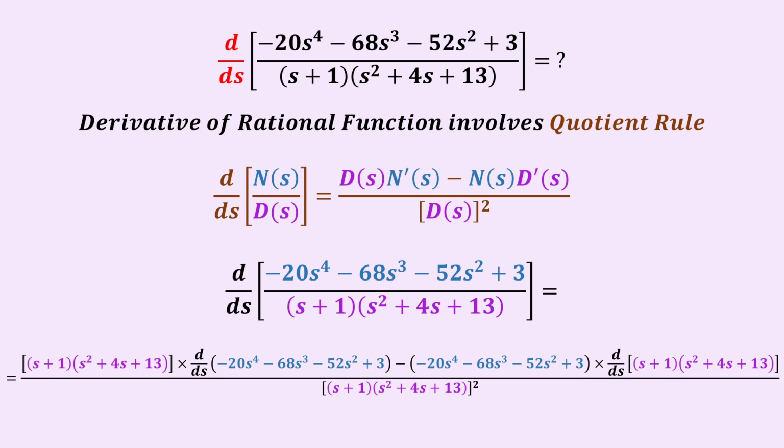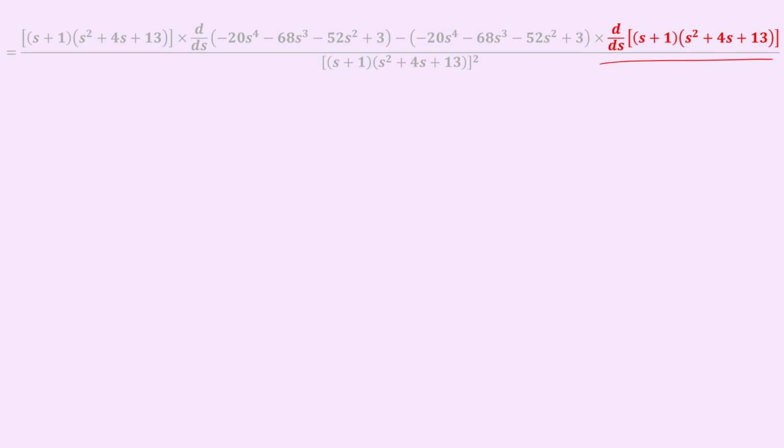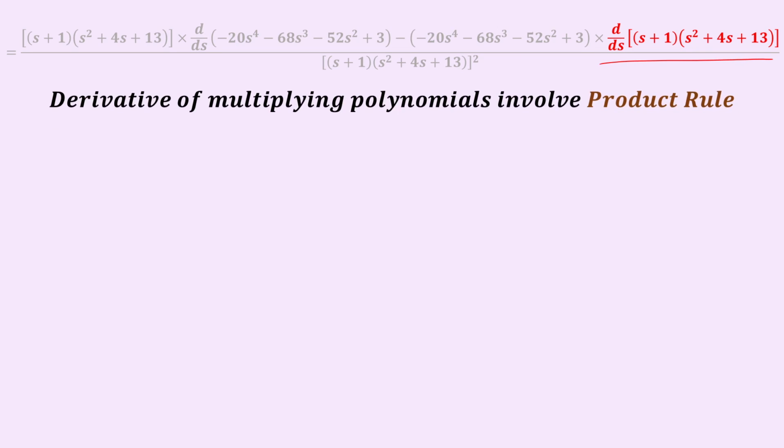When we have applied the quotient rule on this rational function, we further get these two differential equations. One is the derivative of this numerator polynomial, and the other is the derivative of this denominator polynomial. In order to complete the evaluation of the quotient rule, we also have to find these derivatives. So in this part we have to take the derivative of two multiplying polynomials, and the derivative of multiplying polynomials involves the product rule.